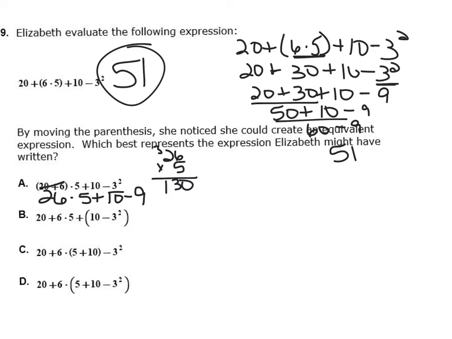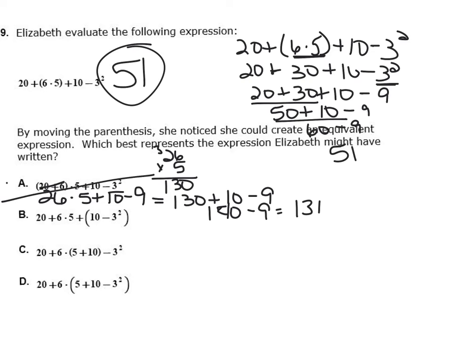So that's going to be 130. 130 plus 10 minus 9. Then we have 140 minus 9 is going to give you 31, sorry.